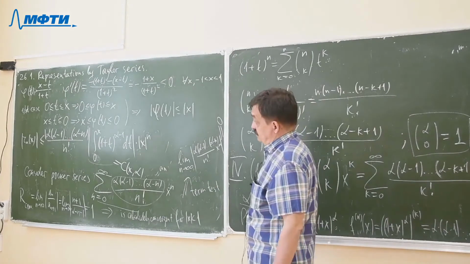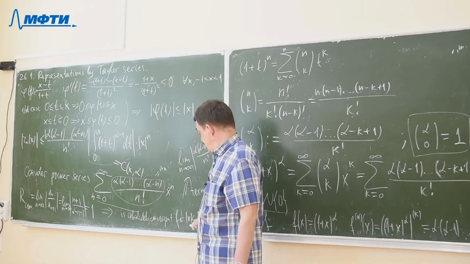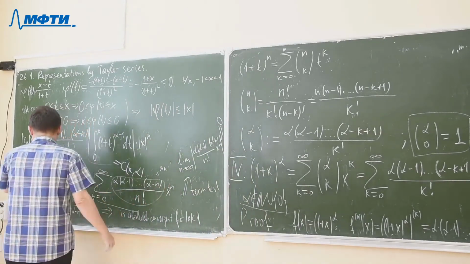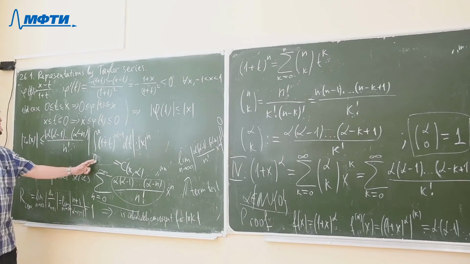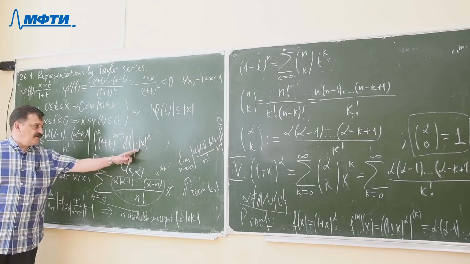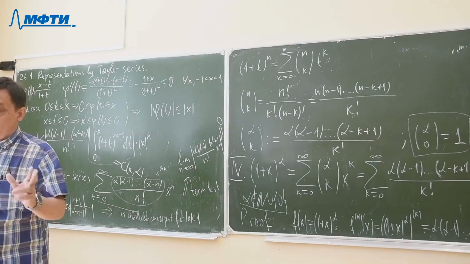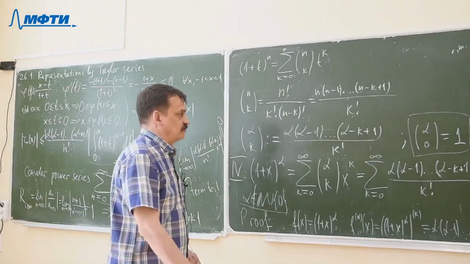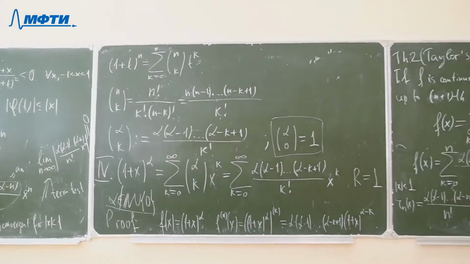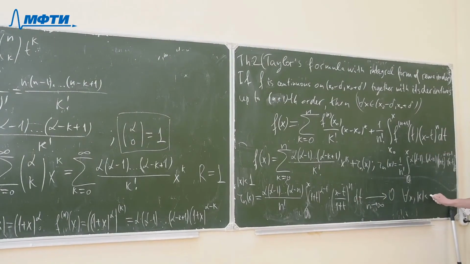And what it means, look at the estimate of Rn of x. For arbitrary x in modulus strictly less than 1, we have that our remainder is estimated by a constant for a fixed x times something which tends to 0. And it means that Rn of x tends to 0 as n tends to infinity for arbitrary x with modulus of x less than 1.